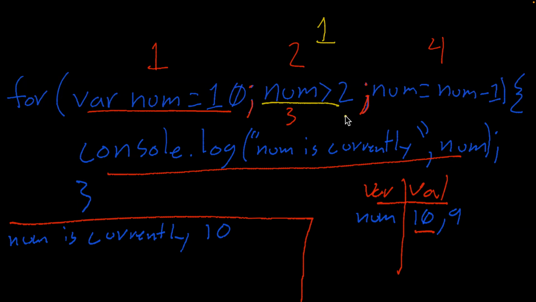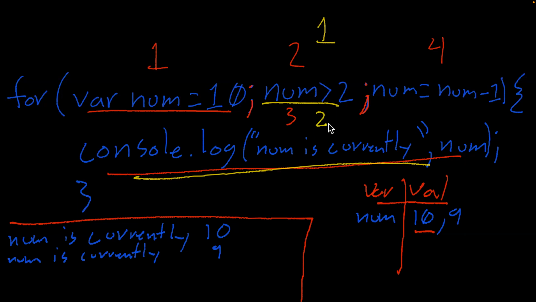Okay, 9 is greater than 2. We enter console log. So then we say num is currently, and then we say it's 9. And so then once we finish our step 2 here, then we go to step 3. We decrease by 1.